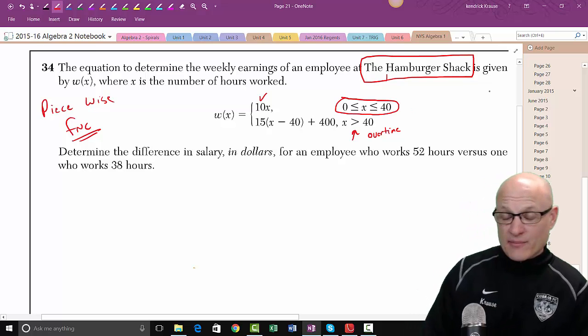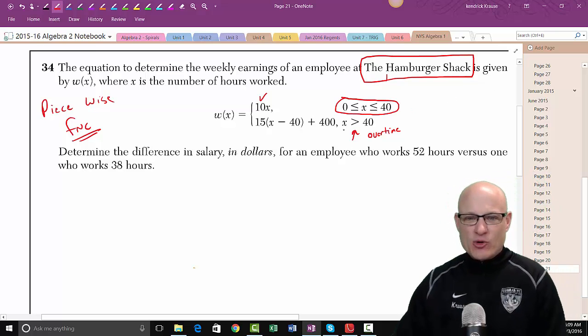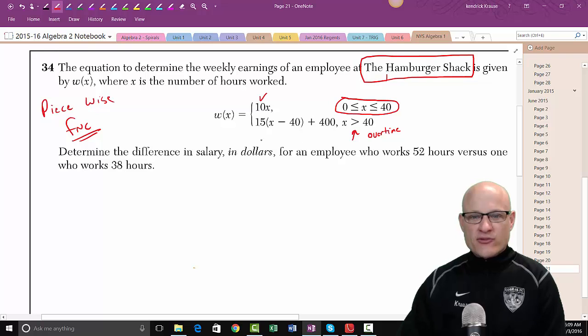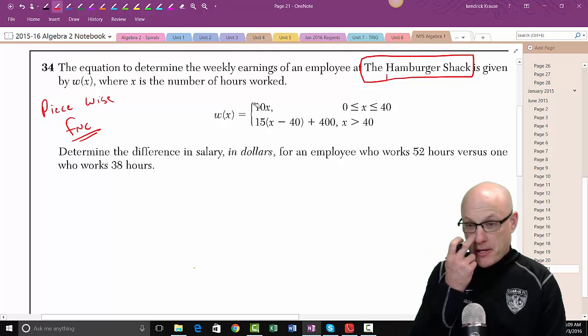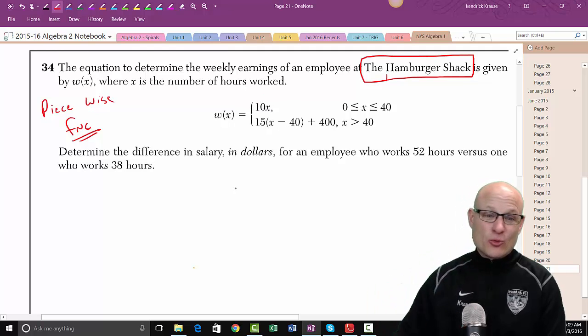So it looks like here I'm going to make $15 an hour for everything that's over 40 hours a week. Do you have to understand that exactly to do this problem? Not really. But you do need to understand how piecewise functions work.